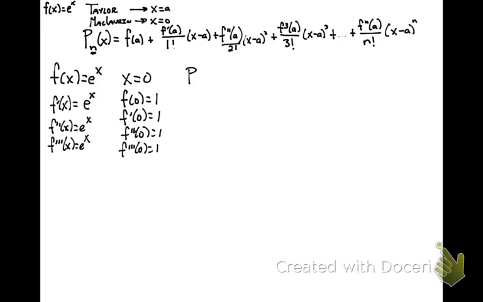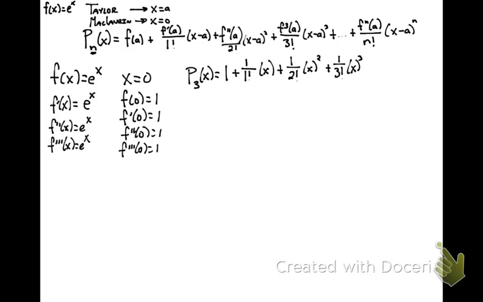So our polynomial that will be third degree of x will be the value of the function 1 plus the value of the function's derivative over 1 factorial times x minus 0 to the first, plus the value of the function's second derivative over 2 factorial times x minus 0 squared, plus the value of the function over 3 factorial times x cubed.